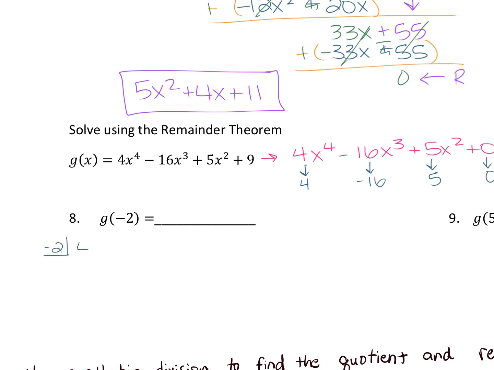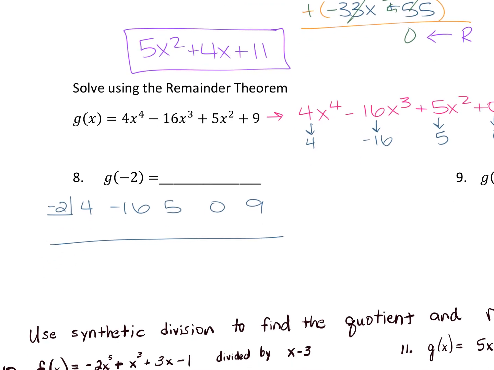On the inside, you have 4, negative 16, 5, 0, and 9. We're going to pull down that 4 first, then multiply the 4 with the negative 2. 4 times negative 2 is negative 8. We add that with the negative 16. That gives us negative 24.